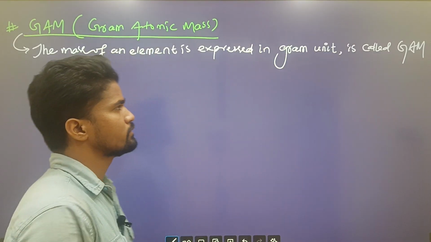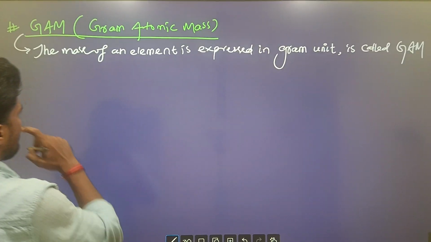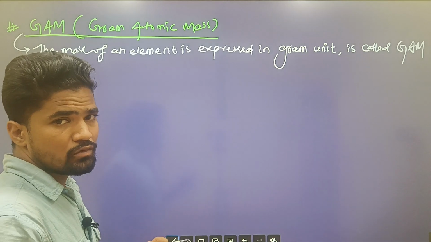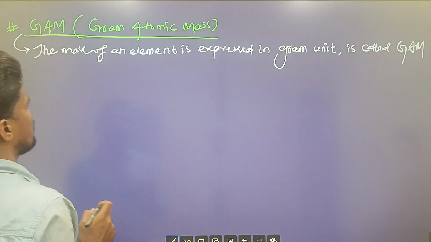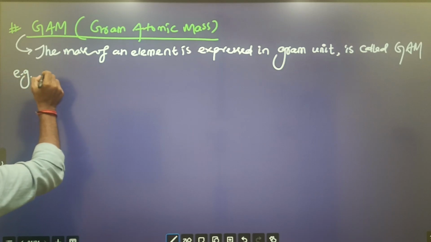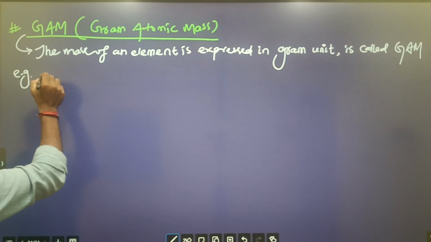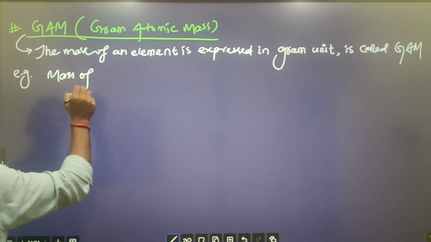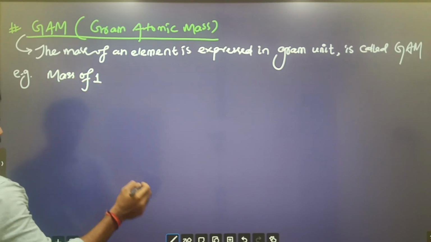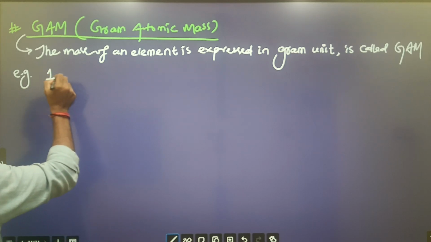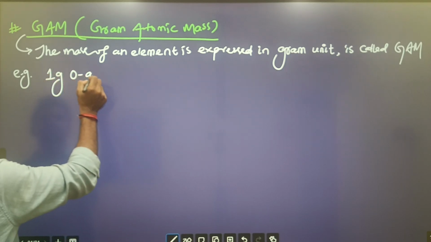So let's see. Any element expressed in gram unit is called gram atomic mass. For example, write down the mass of 1 gram oxygen atom.